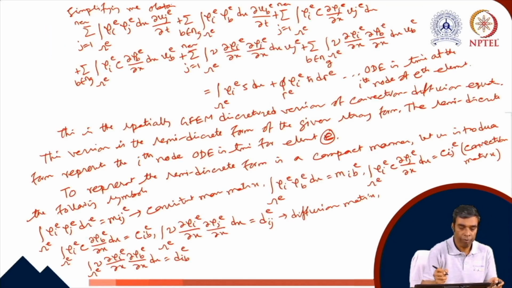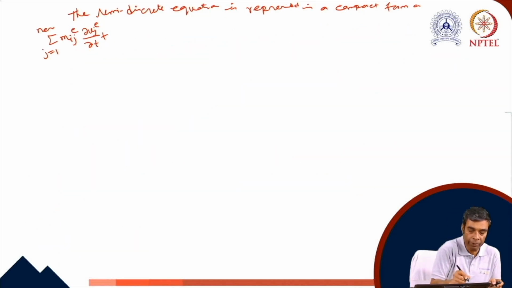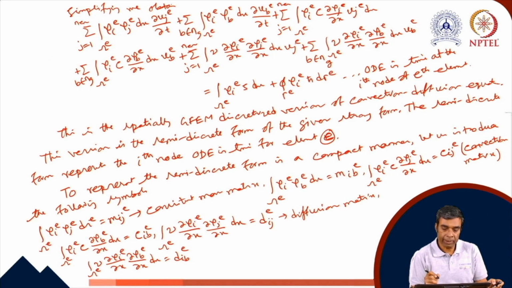This is the first term, summation over mij del uj del t. So its counterpart for the EBC will be summation over b belongs to eta g mibe del ube del t. Next we shall have the convection matrix.